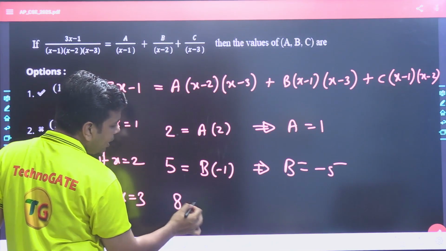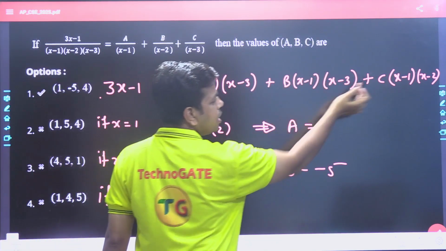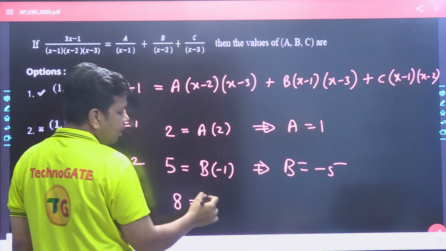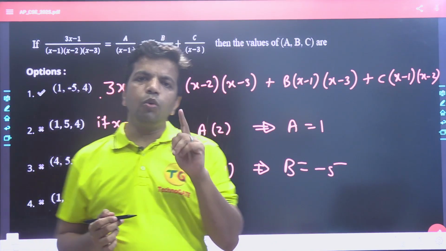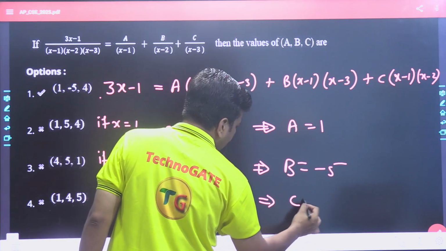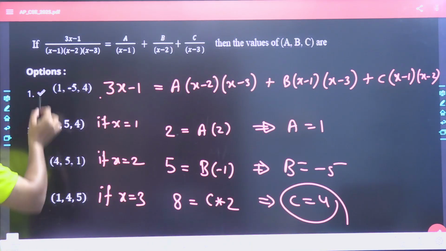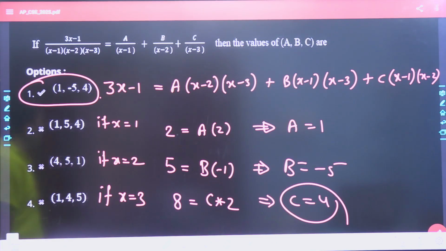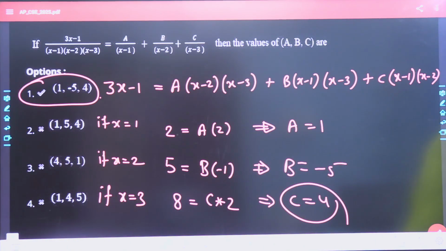How much? 3, so it becomes 0, we are putting that side, minus 1 minus 1. On calculating the value of A, you can go with the first one. 1 minus 5 and 4, got it? 1 minus 5.